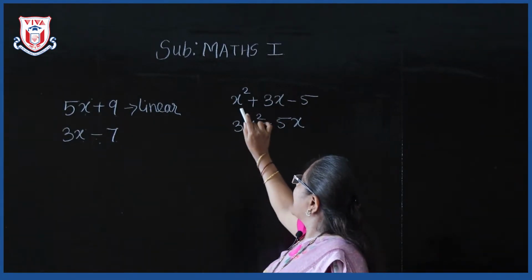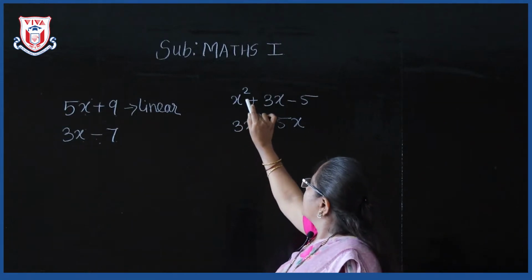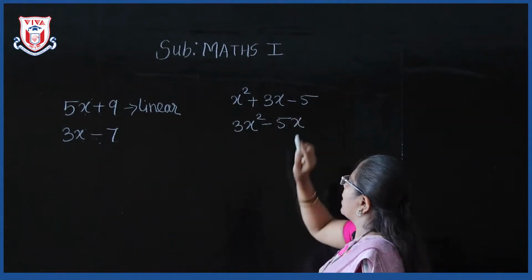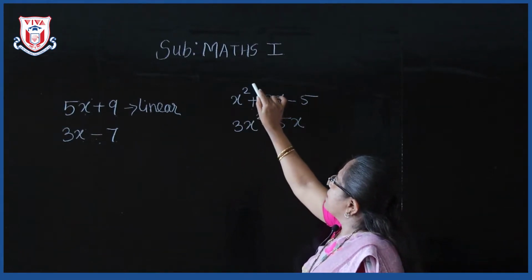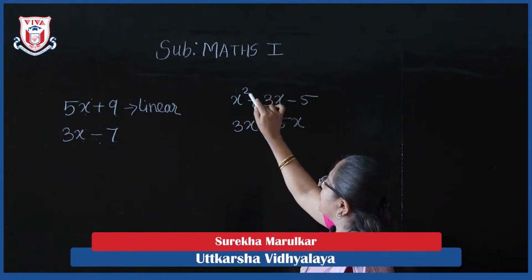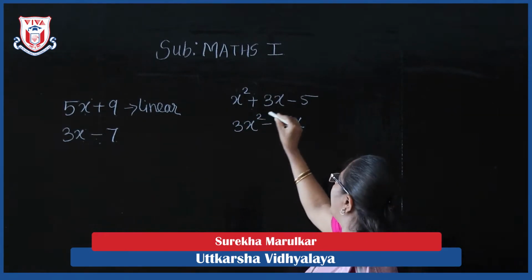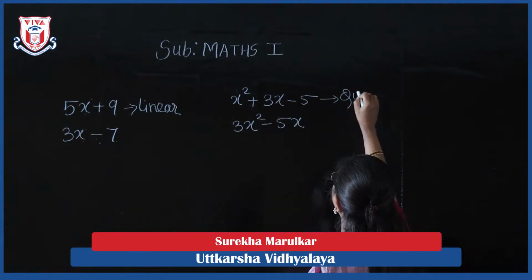Now second example, x square plus 3x minus 5. Here the maximum index of the variable is 2. So this polynomial is called a quadratic polynomial.